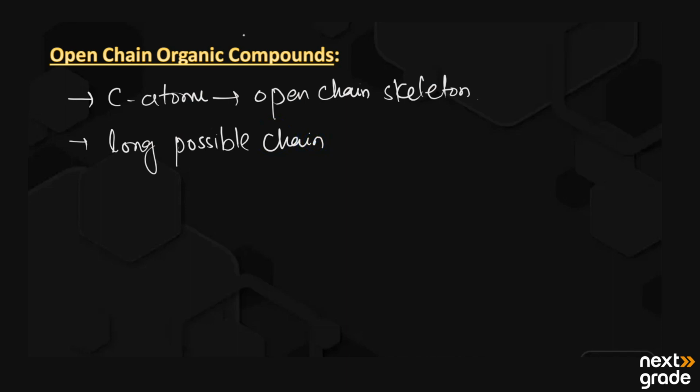So the compounds that form the open chain or the long possible chains are known as open chain organic compounds.